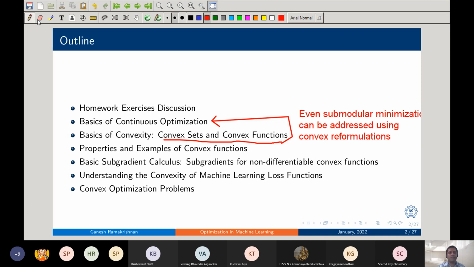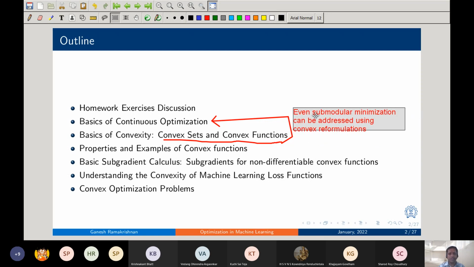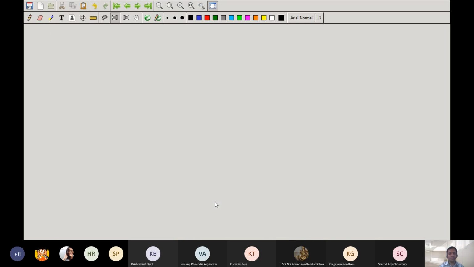So for several reasons, it makes sense to understand convexity, and in fact, a lot more reasons. As I'll point out, even for non-convex functions, there are very important regions of convexity, and those often hold the key to solving those problems effectively.